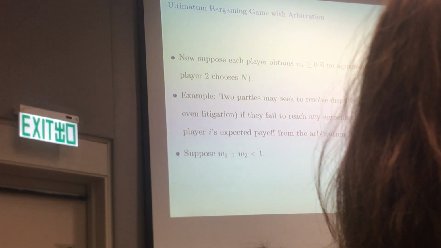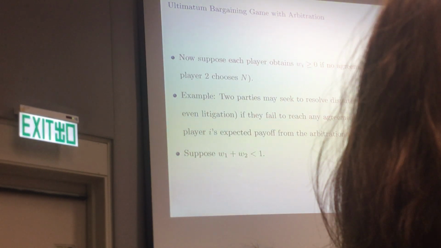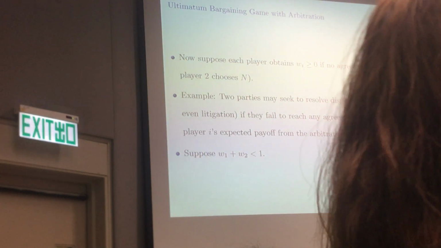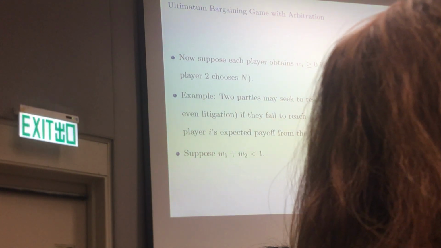And you can understand, of course, that the court outcome is kind of uncertain, right? I mean, no one can say for sure whether they win the legal process or not. So the arbitration process is uncertain, but player 1 and player 2 can always calculate an expected payoff, right?